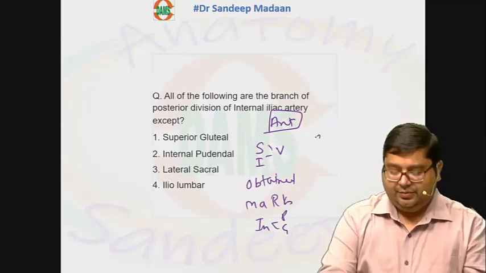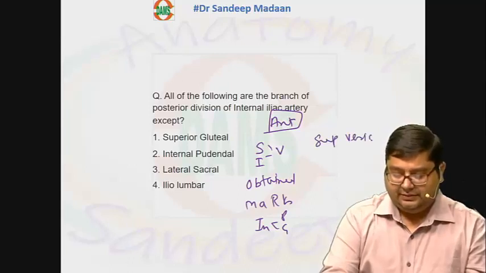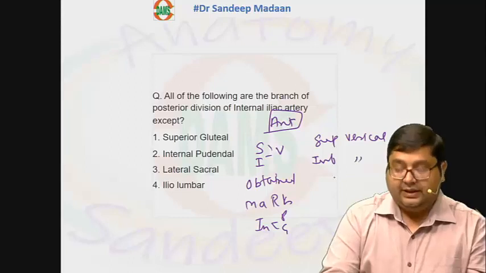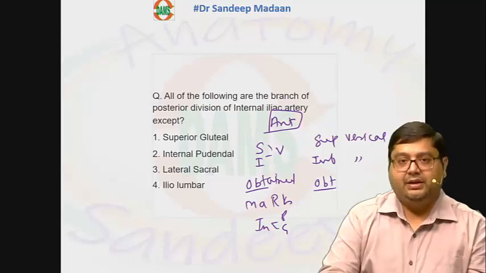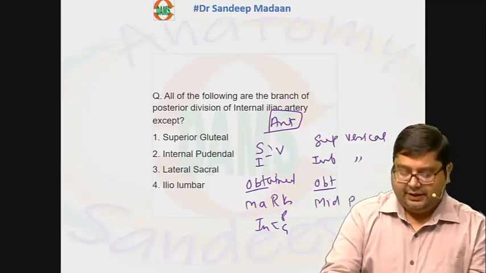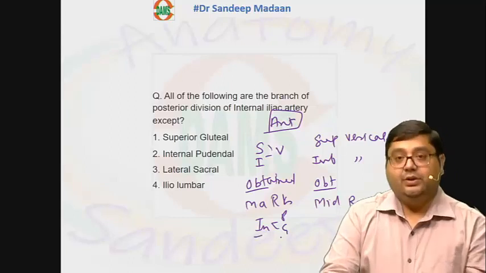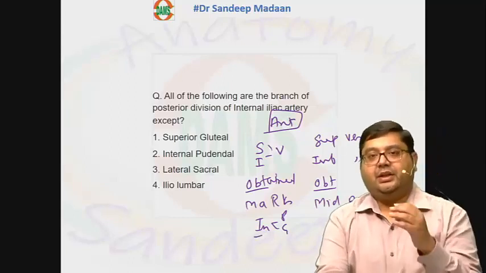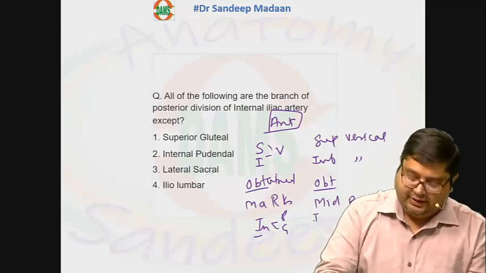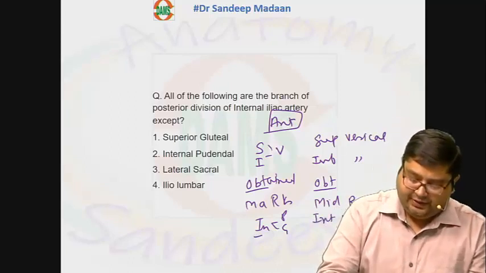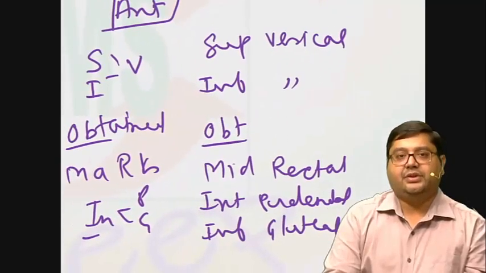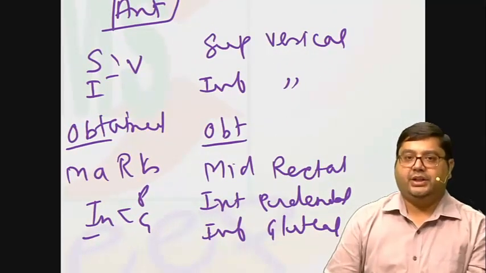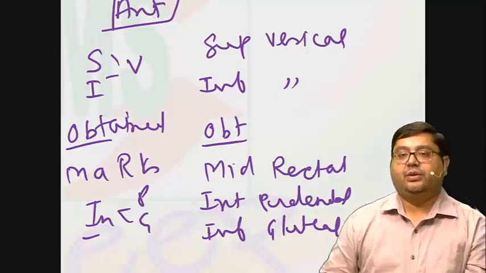So basically we have superior vesicle, inferior vesicle, obturator artery, middle rectal artery, then the P and G both, that means internal pudendal and inferior gluteal. Okay, so these are the branches we need to know from the anterior division: superior vesicle, inferior vesicle, obturator, middle rectal, internal pudendal, and the inferior gluteal artery.